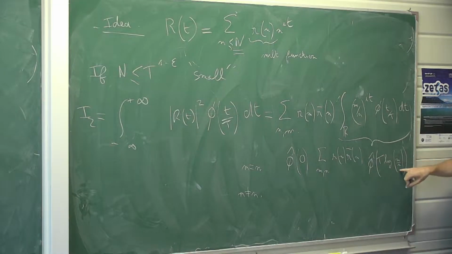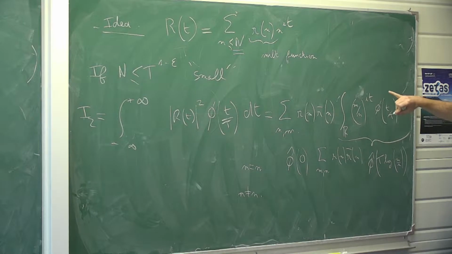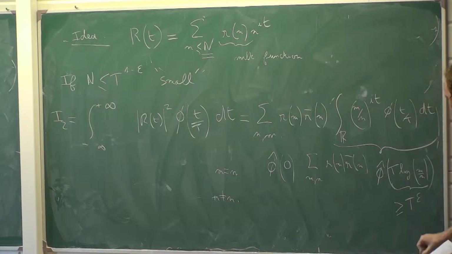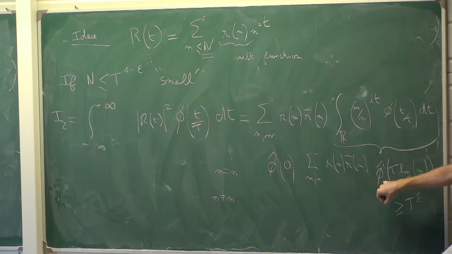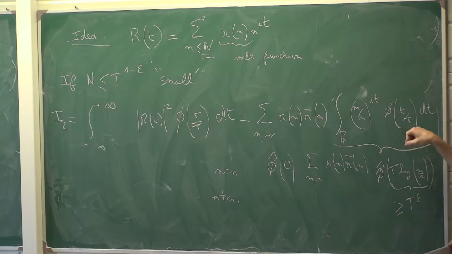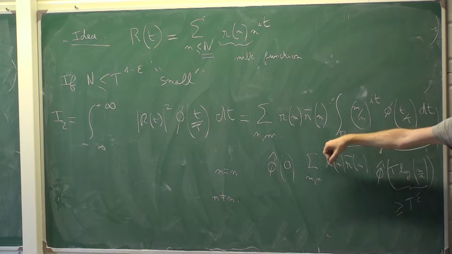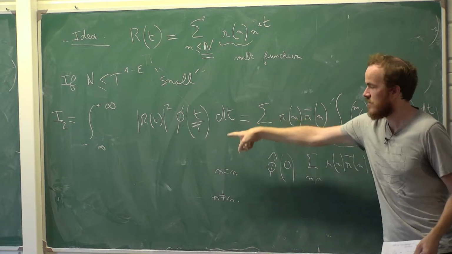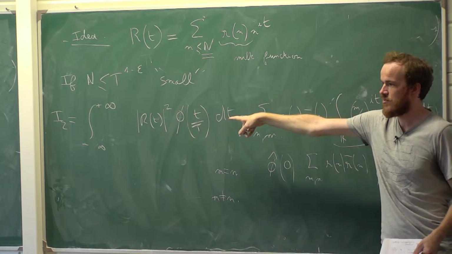So if m is different than n and smaller than this, what is here is bigger than something like t to the epsilon. If you choose a support function which decays fast, this term is going to be very small for m different than n, and it's not going to enter the asymptotic. So you just have diagonal terms, which are this one, and you can estimate this integral precisely.